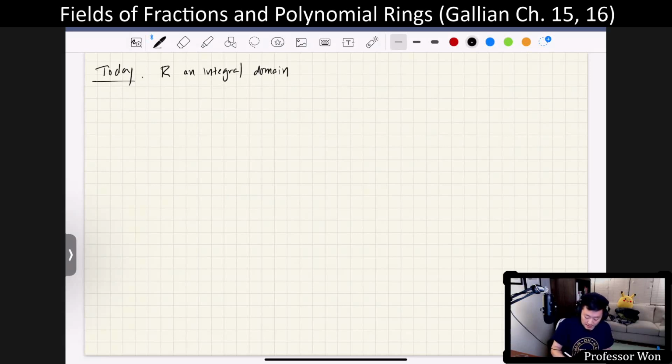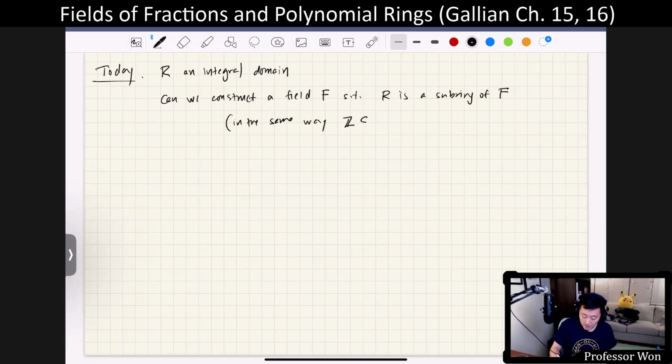Okay, and the idea is, can we construct a field F such that R is a subring of F in the same way as Z is a subring of the rationals?